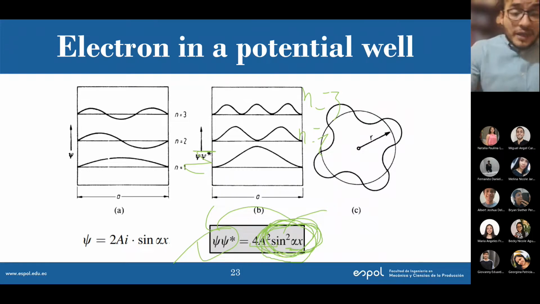In that case of 20 waves, it will be something like that, and so on. So you will have more chances to find an electron, let's say, in A over 20, I'm just inventing a number, whereas in another place you have almost zero chance.